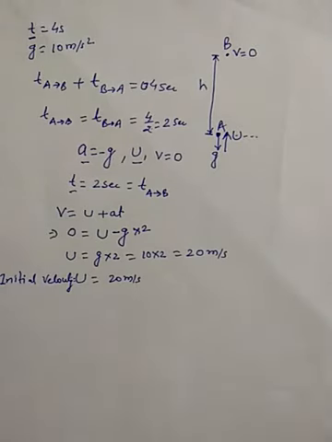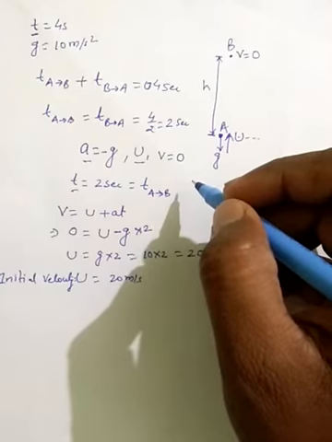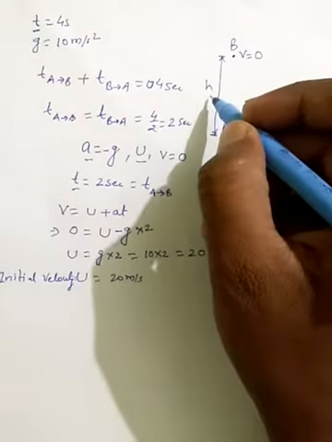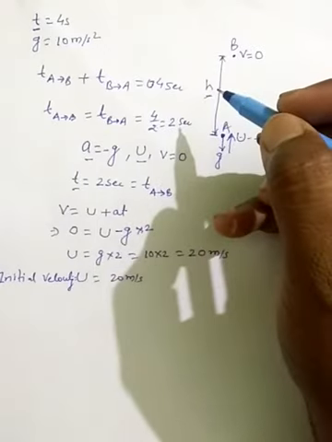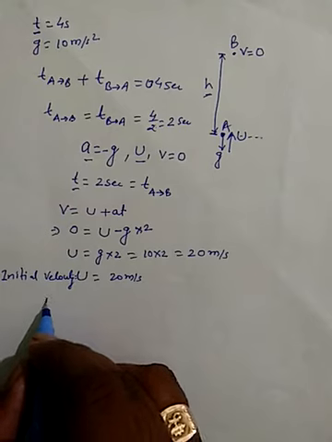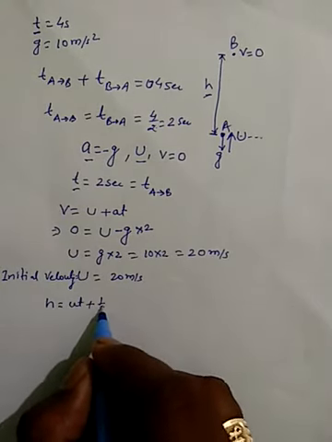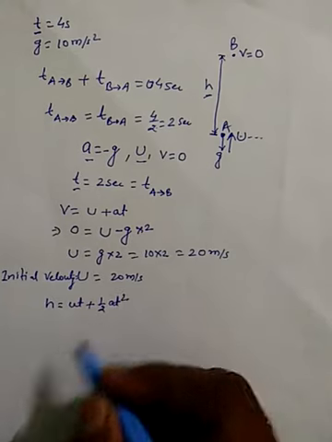The second part of the question is to find the maximum height attained by the object during its motion. Here h will be the maximum height, which is obtained by the formula h equals ut plus half at square.